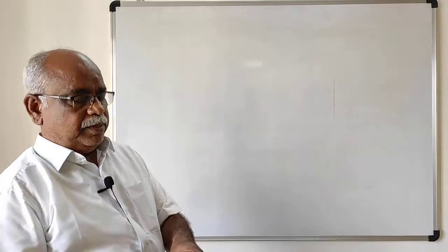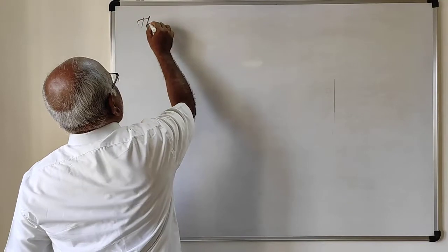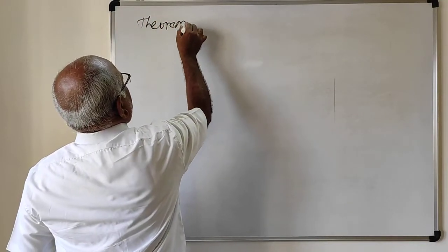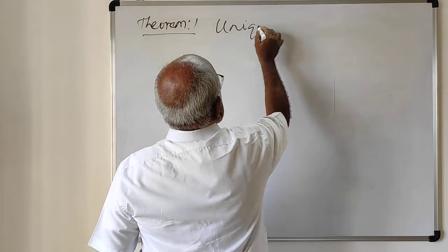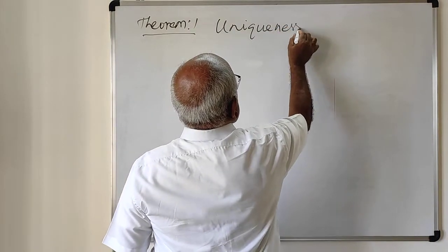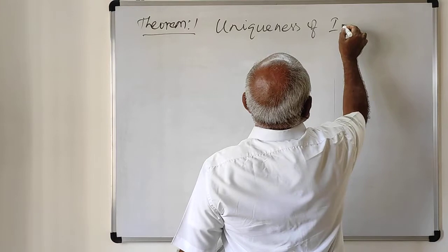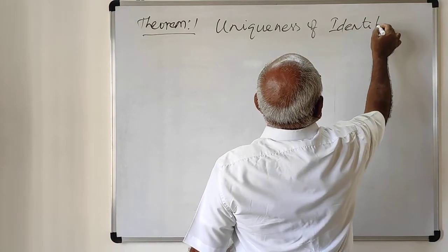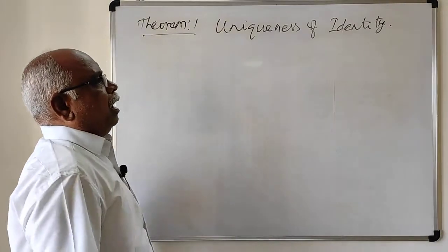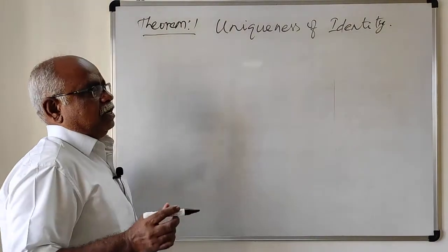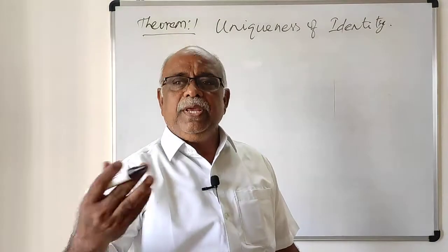Theorem 1: uniqueness of identity. In an algebraic structure, if the identity element exists, it must be unique.